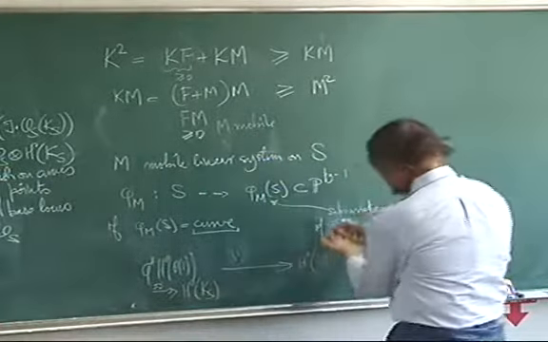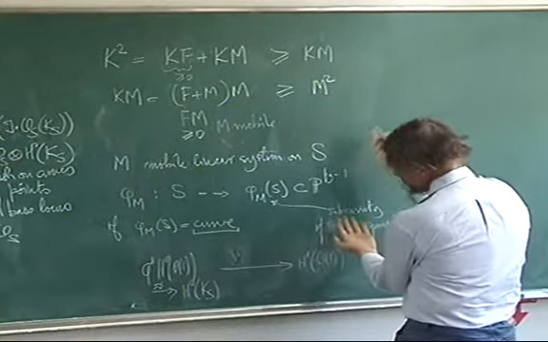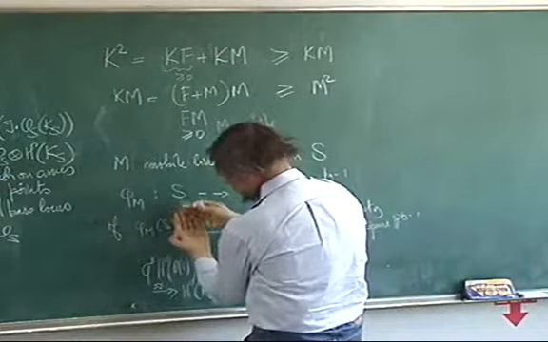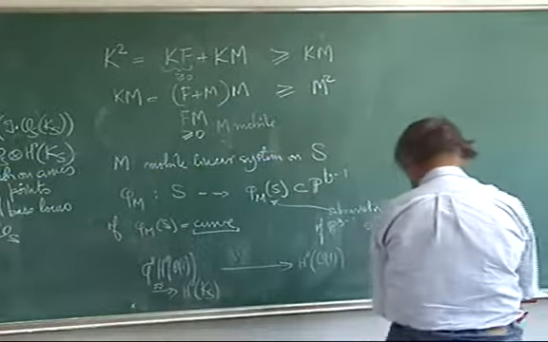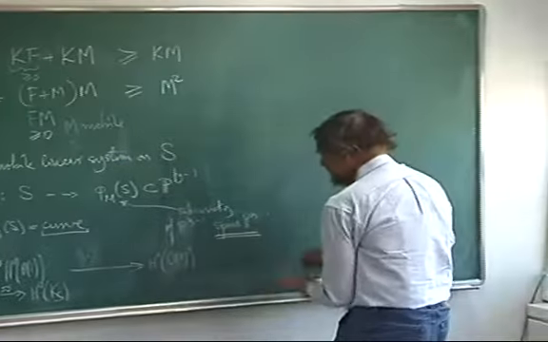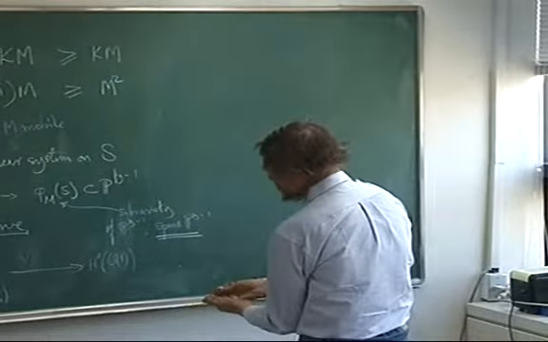So if the image were contained in some hyperplane, then the section defining this hyperplane would be identically 0 on S, and that contradicts this. So this is non-degenerate. The image is some variety in there.